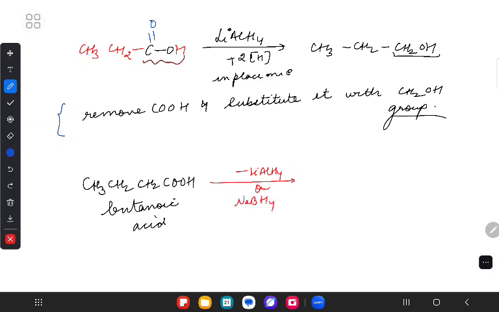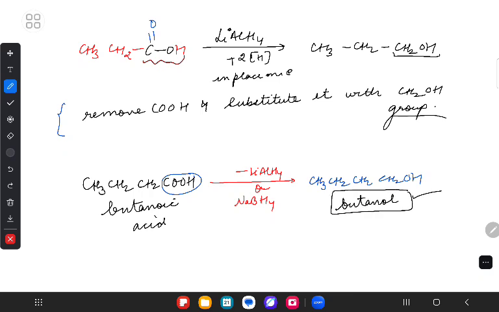So when you have this, you replace COOH with what? CH3CH2CH2, and you replace COOH with CH2OH. So this is going to be nothing but butanol. Got the point? That's how the reaction is basically done. So this is a reduction reaction of carboxylic acids.